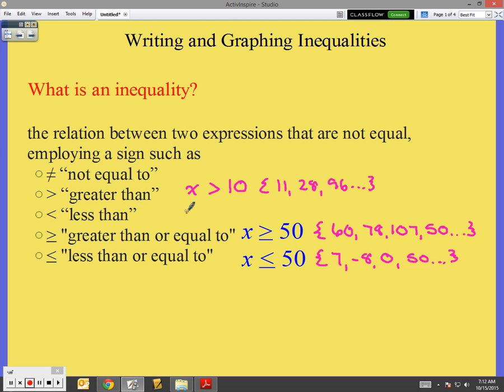And again, with this one, x is going to be less than 10. So this side of the inequality, this expression, is less than this expression. Numbers that would make this work would be something like 9 or 0 or -92. Would 10 make this inequality true? No, it wouldn't. So I cannot use 10 as part of the numbers in my solution set.